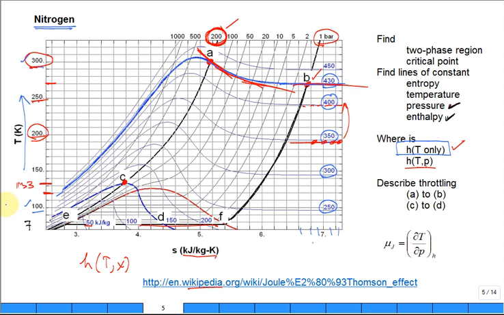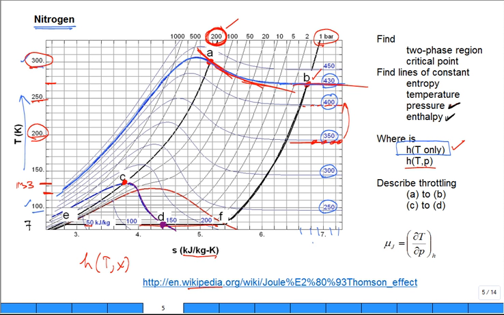At point C. If you let it reduce the pressure to 1 bar, isenthalpic process, where is the outlet of that throttling device? Where is it at? Point D. True? So the 150 is a line of constant enthalpy. True? It stayed on that line. So it came out at 77 Kelvin. It came out in the two-phase region.